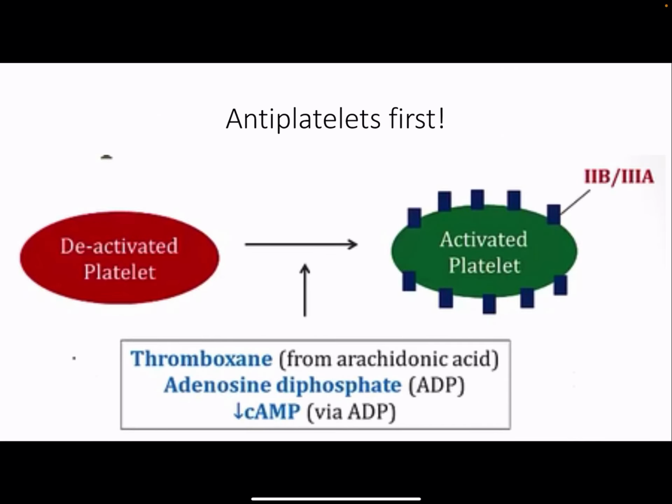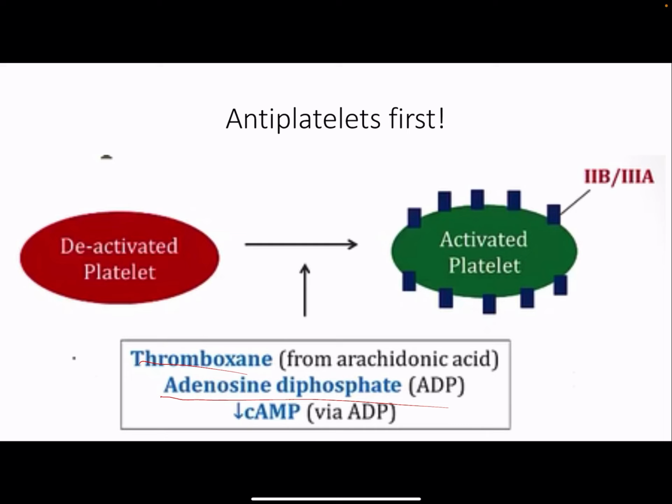Let's talk about antiplatelet drugs. Recall that thromboxane, which is generated from arachidonic acid from the membrane of endothelial cells and red blood cells, can be converted via the cyclooxygenase into thromboxane. Dying red blood cells can release ADP.